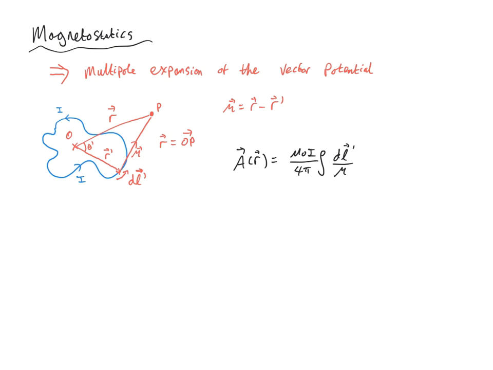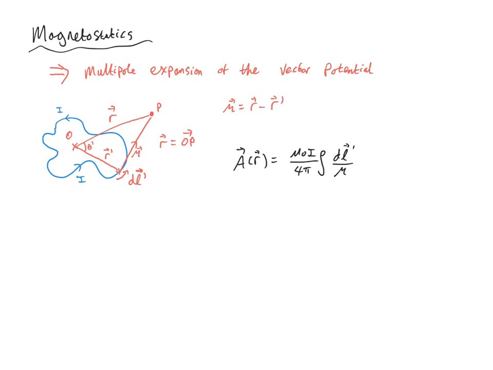If you recall, we did something similar for the electrostatic multipole expansion of the scalar potential. There the most dominant term was the monopole term, which treated an arbitrary charge distribution like a point charge located at the origin. The next term is the electric dipole term, and so on, and each term gets less and less important. So let's repeat that strategy here.